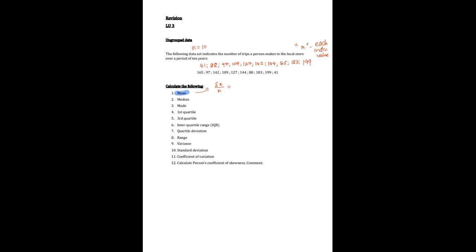So when you add up all these values, the 41 plus the 88, 97, 109, and so on, it gives you a total of 1,295, and that's divided by n, which is 10, and that gives you a mean of 129.5. So that's your mean, as straightforward as that, which I'm sure you're loving because it's quite easy, nothing complicated here.